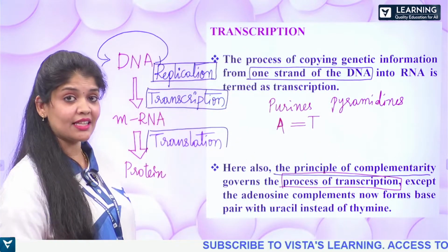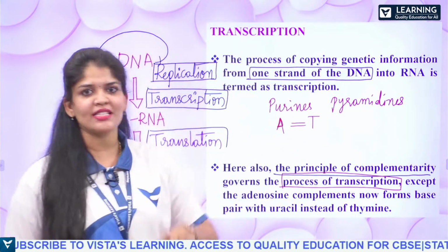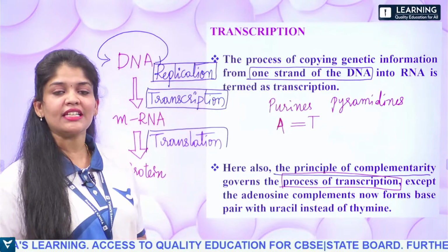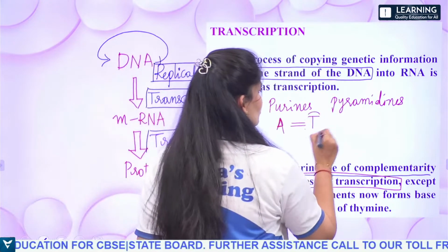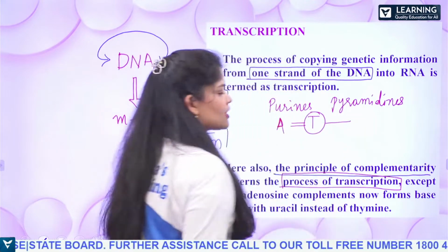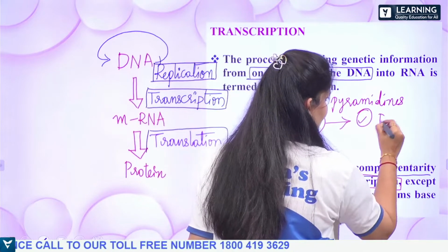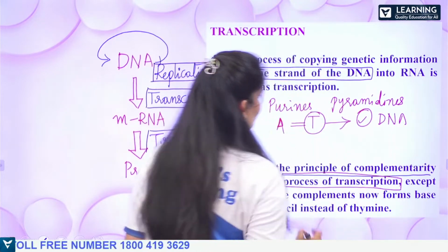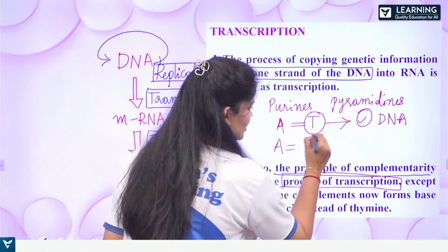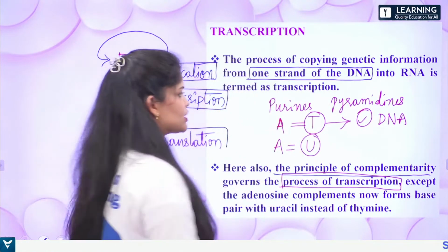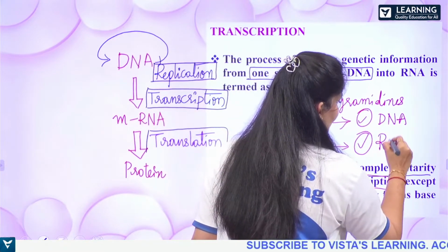But here the thing is, the pyrimidine thymine is replaced with uracil, because uracil is present in the RNA and thymine is present in the DNA. So we already know that thymine is present only in DNA. Therefore, adenine pairs with uracil, which is present only in RNA.